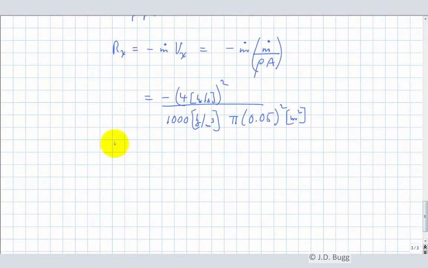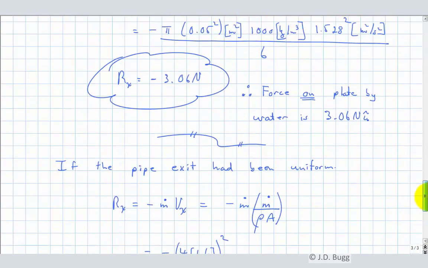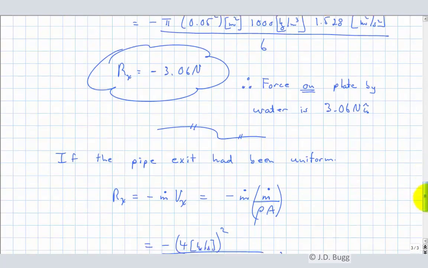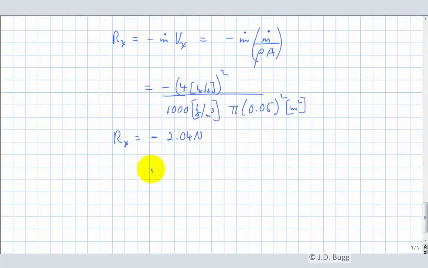So this reaction works out to negative 2.04 newtons, or less than we got up here. Remember, this was 3.06. And you'll notice it's 50% higher. So the force is 50% higher because of the non-uniform profile.